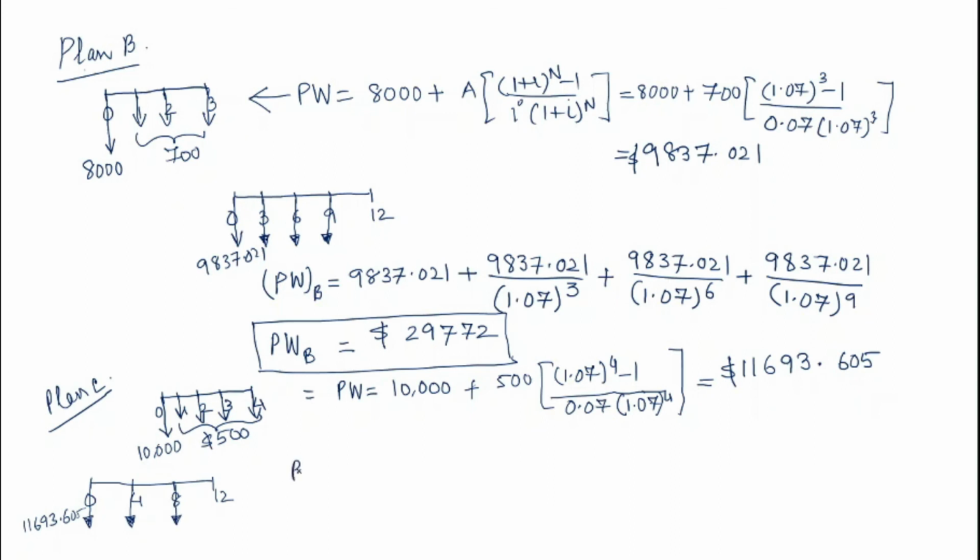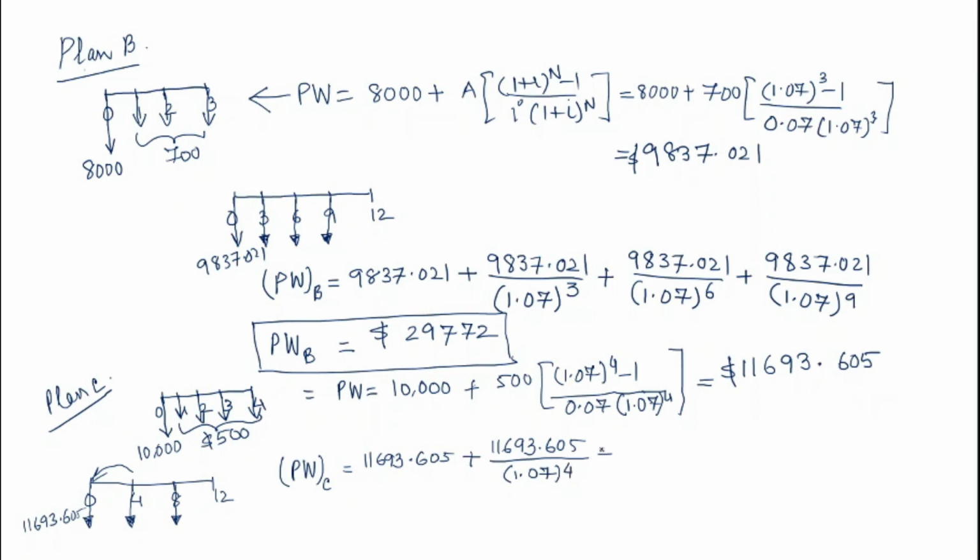So the present worth of plan C will be equal to 11,693.605 plus, treating this as future worth F and finding its equivalent at the present point of time, 11,693 divided by 1.07 to the power 4.